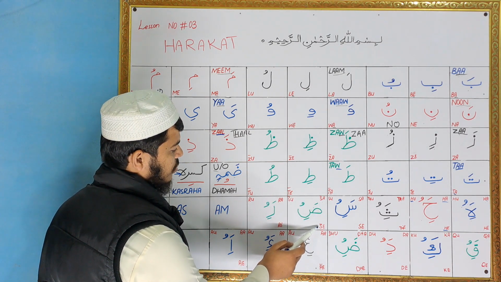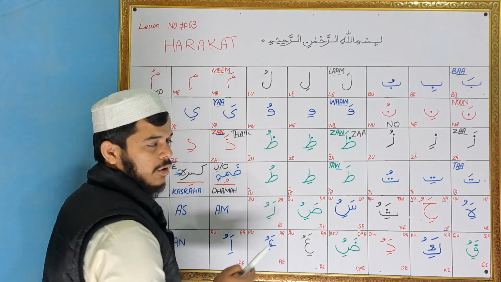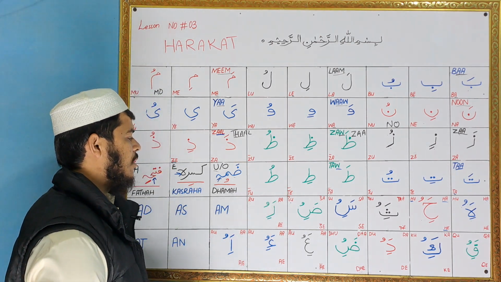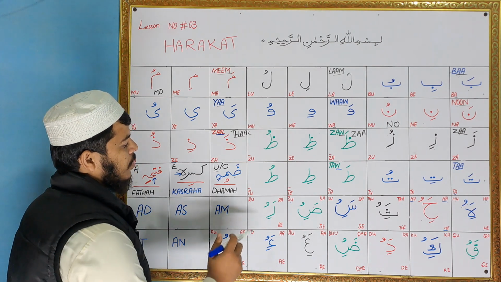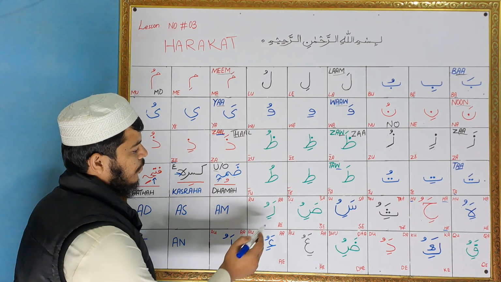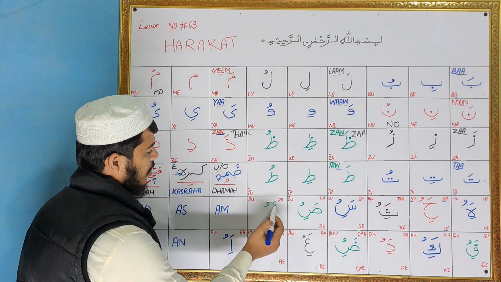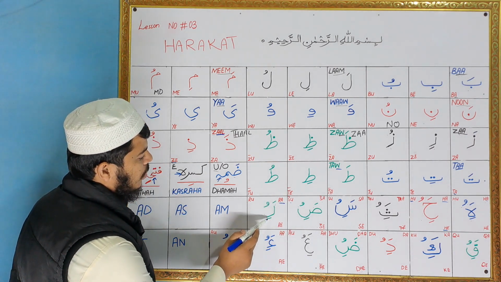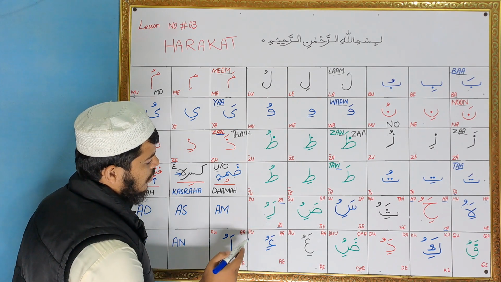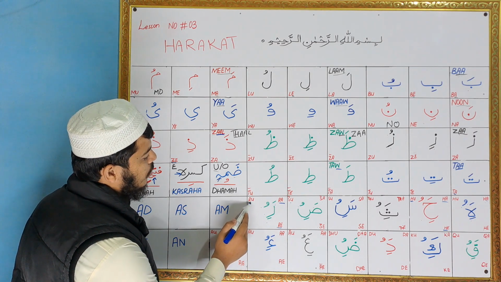Sad kasra, si. Sad dhamma, su. Next, the letter ra comes. Ra fatha, ra. Ra kasra, ri. Ra dhamma, ru.